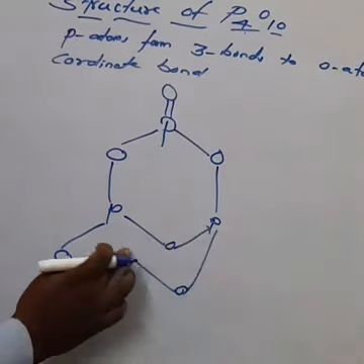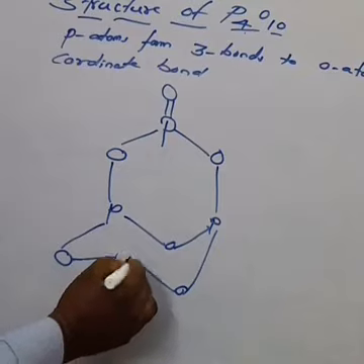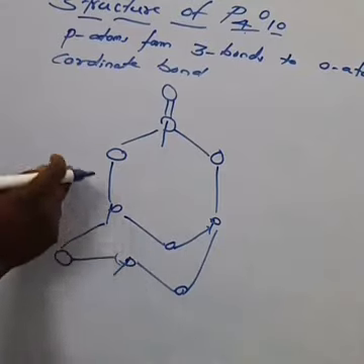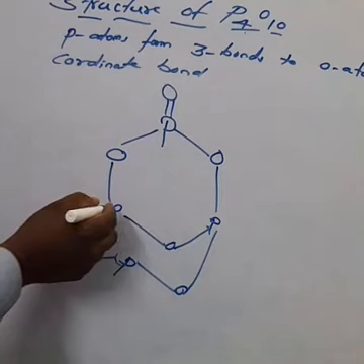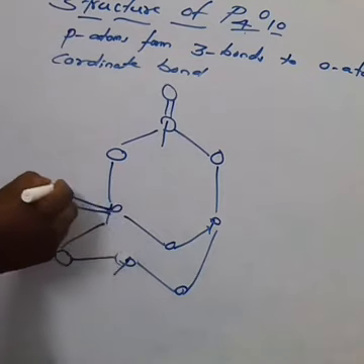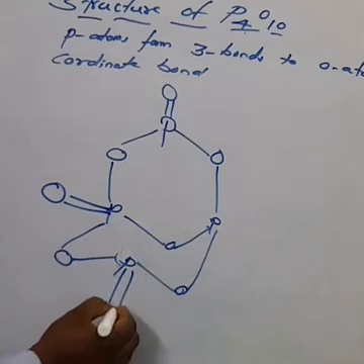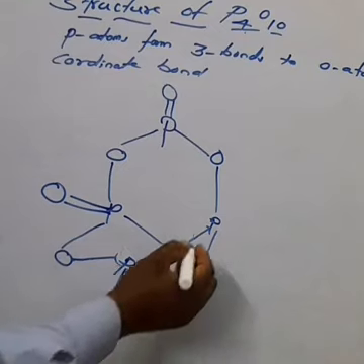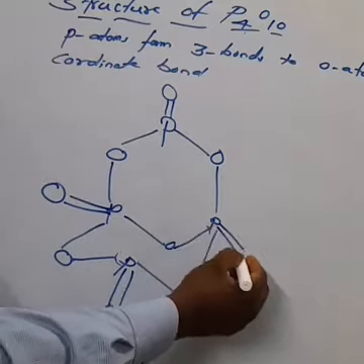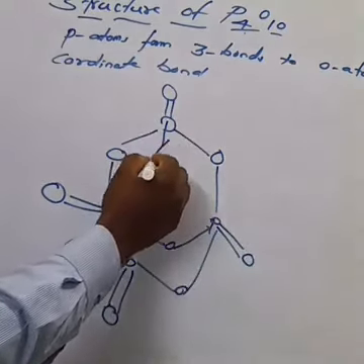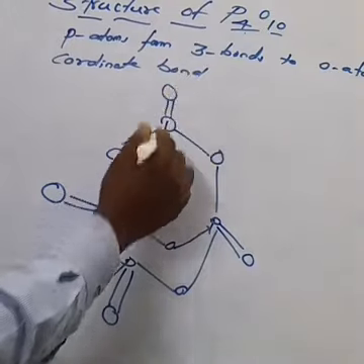Now the edges can be joined. Next, each phosphorus has an oxygen atom. First, on the left side, the first oxygen atom, P double bond O. Next, this phosphorus I join with an oxygen atom, P double bond O, P double bond O. Next the phosphorus on the upside, P double bond O.